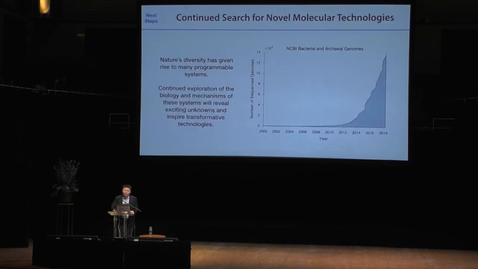So this is probably just the tip of the iceberg, because as we sequence the bacterial diversity, we're now accumulating large numbers of genomic sequences. This is a plot to date. As of now, we have about 140,000 bacterial genomes. And as sequencing technology further advances, we're going to accumulate many, many more bacterial genomes.